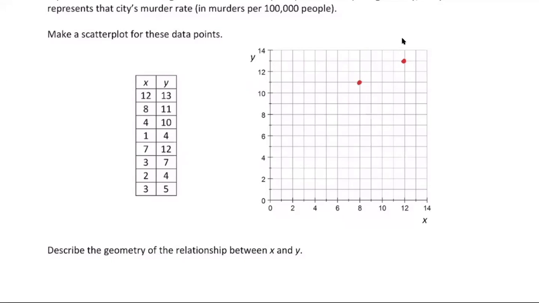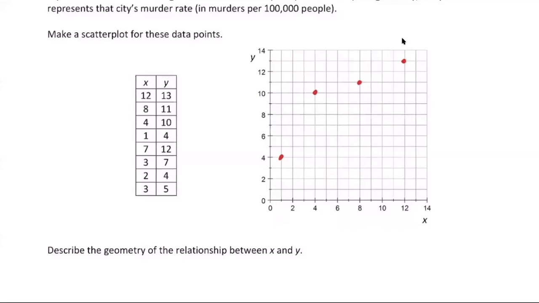Then 4, 10, okay, that's 4,000 automatic weapons and 10 murders per 100,000 people. Now you have a city with very few automatic weapons, 1,000, and 4 murders per 100,000 people.